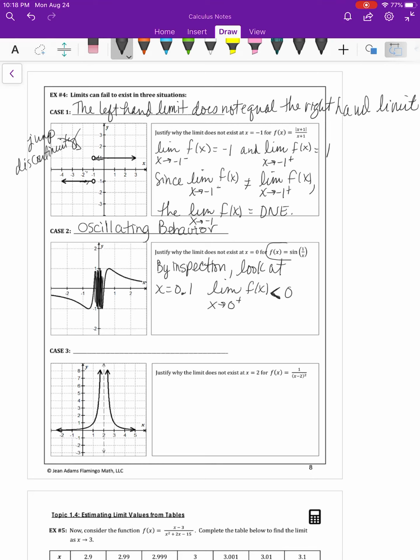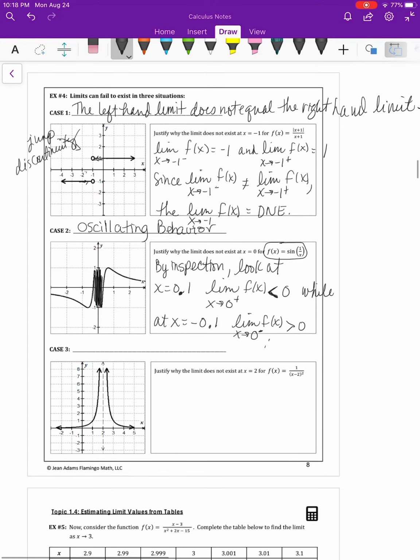If you put this function in your calculator and look at the value at x equals 0.1, you're going to have a negative value less than 0, while at x equals -0.1, limit as x approaches 0 from the left, because if it was negative, it'd be coming in from the left, this is greater than 0. Therefore, the limit does not exist.